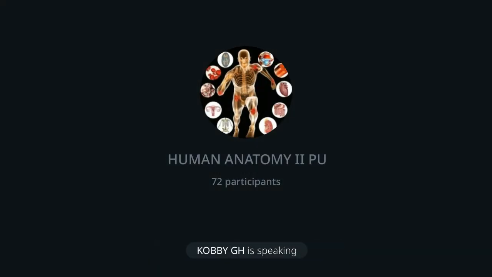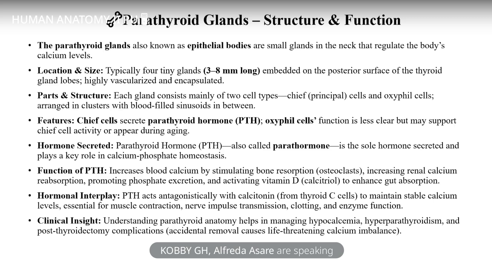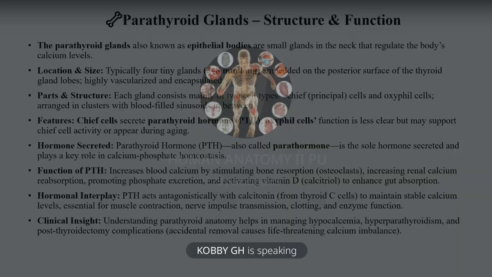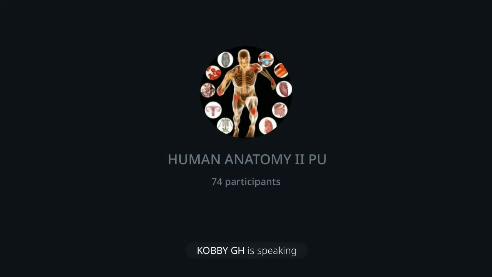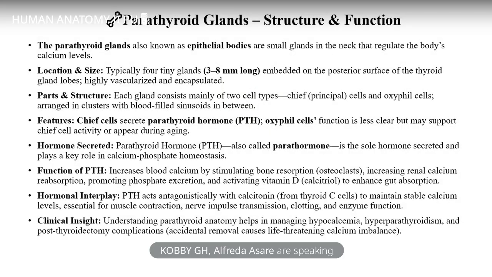So the main function of the parathyroid gland is that it produces the parathyroid hormone. But then we have two cells in the parathyroid gland, the chief cell and the ossicle cell.